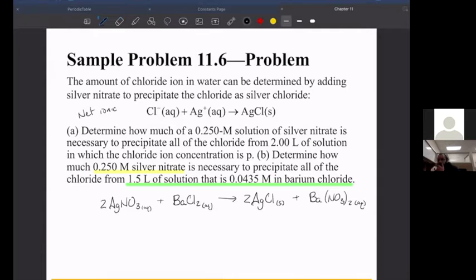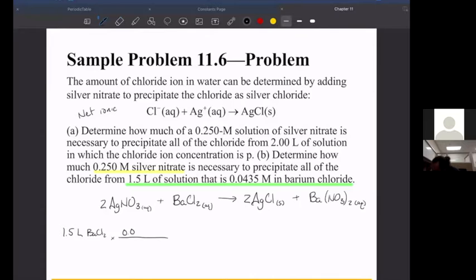Okay, so then this is just going to change the mole ratio that we use in our balanced chemical equation. Other than that, we set it up pretty similar. We're going to start with the 1.5 liters of barium chloride. We're going to convert to moles using the solution concentration. So the 0.0435. Whoops, that's not how to do that. I was trying to put moles on the bottom, but of course that's wrong because then it wouldn't cancel.